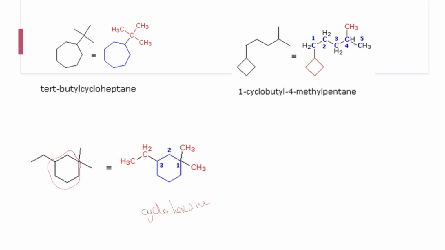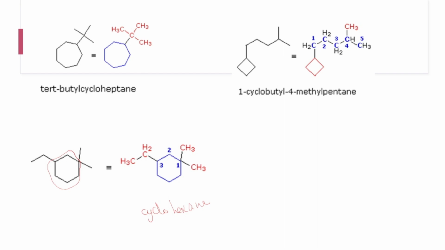So I'm going to put numbers on the ring as 1, 2, 3, 4, 5, 6, and so on. But the substituents should have the least possible numbers. So I can start either here as 1, 2, 3, and in this case I will have 1,1-dimethyl 3-ethyl, or I can start from here to have 1-ethyl 3,3.